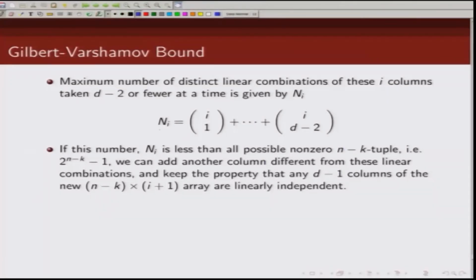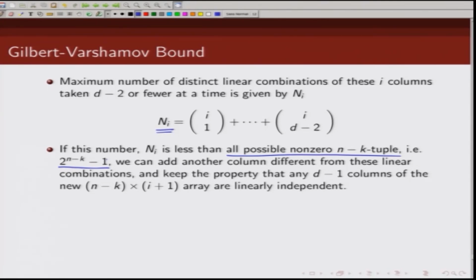Now, if this number N_i which we just computed is less than the number of all possible non-zero n minus k tuples. Now, how many non-zero n minus k tuples do we have? We have a total of 2 raised to power n minus k, minus 1, because one of them will be the all 0 tuple. So, this many non-zero tuples we have.